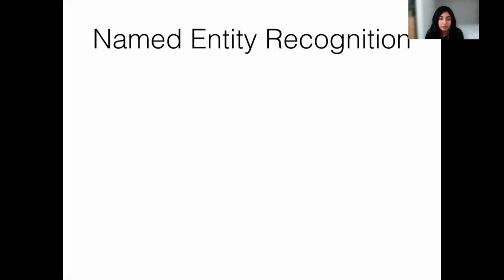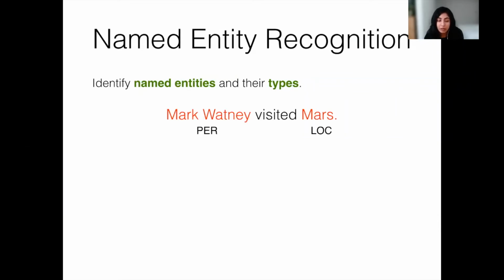First, let's define the task. The objective is to identify named entities in text along with their types, such as person, location, or organization. The input to an entity recognition system is a sentence of text, and the output is a sequence of tags, one for each token in the sentence, that identifies whether the token is a named entity or not.